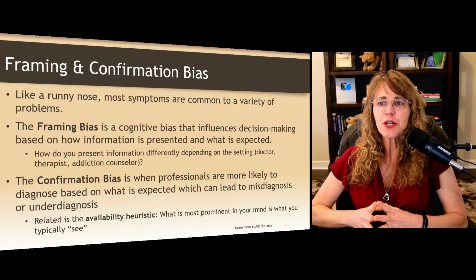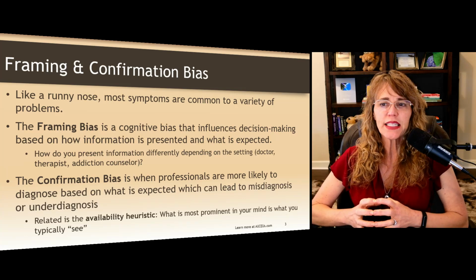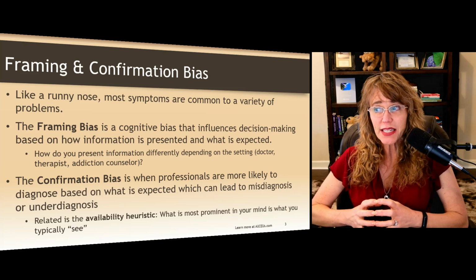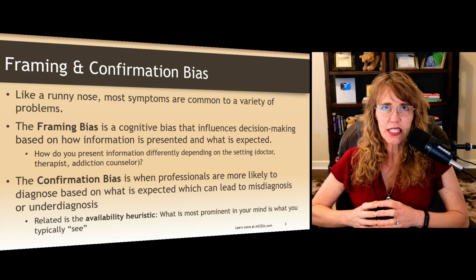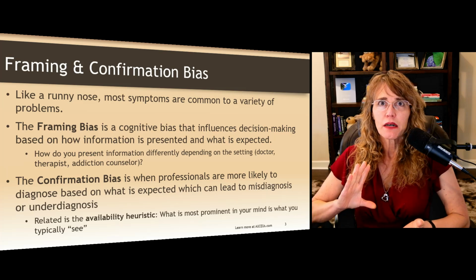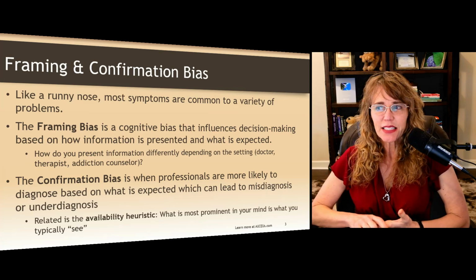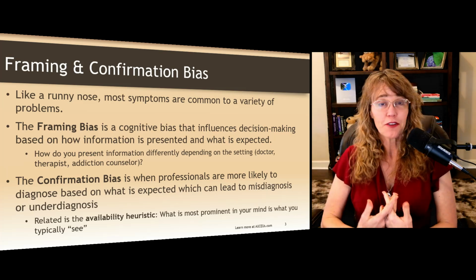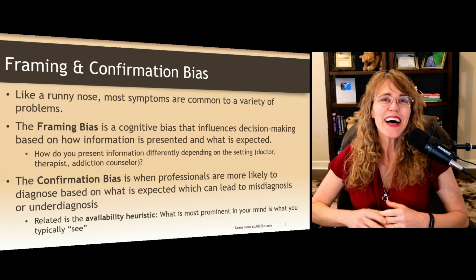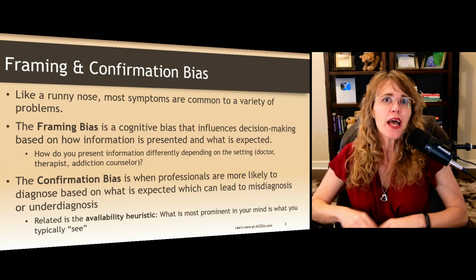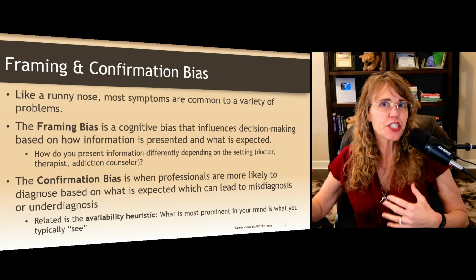Now, the confirmation bias, they kind of go hand in hand, all three of these do. The confirmation bias is when professionals are more likely to diagnose based on what's expected, which can lead to misdiagnosis or underdiagnosis. When I see people in counseling, they're coming to me for counseling, I'm assuming, often wrongly so, that all they've got, quote unquote, is a mental health issue.